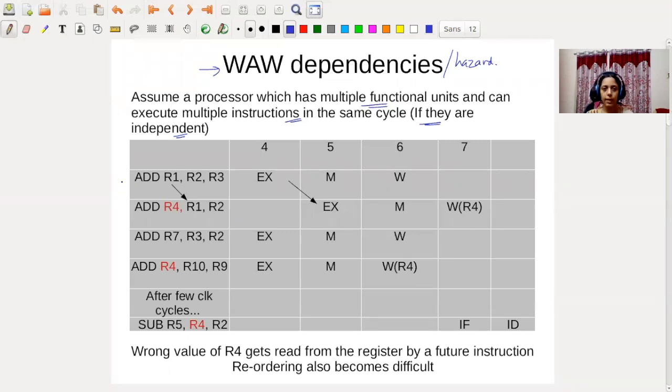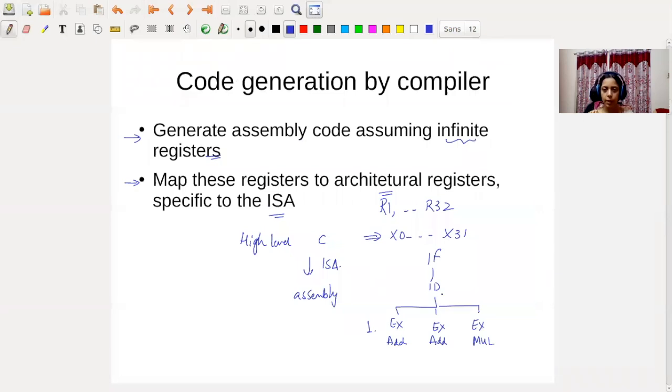So let us assume this sequence of instructions, and let us assume, for example, the IF ID has already happened and we are just in some current cycle, and we are currently doing execute for this particular instruction. Since there is a dependency for these two instructions on R1, you cannot do EX in the same stage. Otherwise, you could have sent this second instruction to the second EX unit.